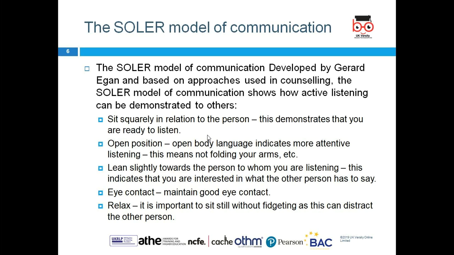You're leaning slightly towards the person you're listening to, and this shows that you're interested in what they've got to say. You're maintaining eye contact, and you're relaxing, or you're trying to relax. So you're not fidgeting or moving your hands about, because this can be distracting to the other person. So that's one way using the SOLER model to show that you're actively listening.